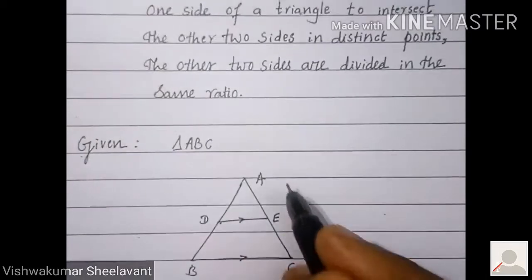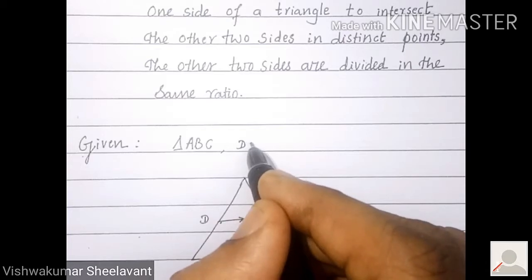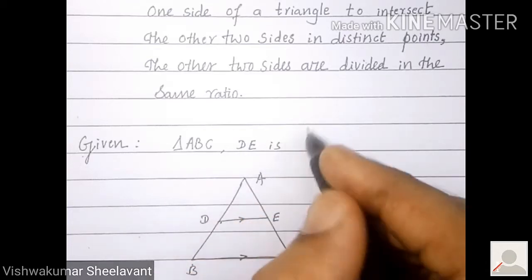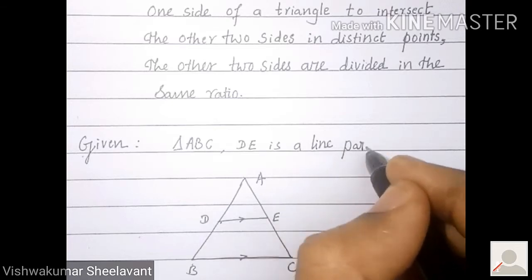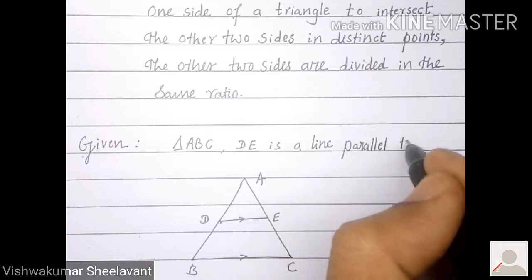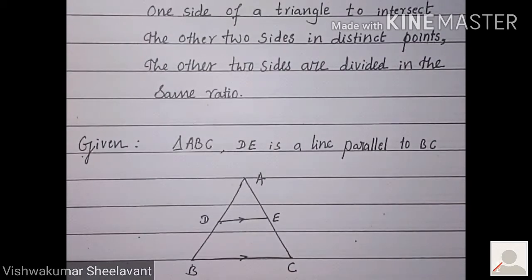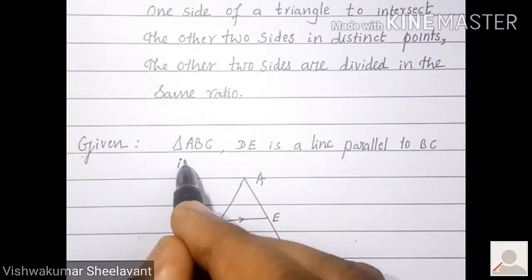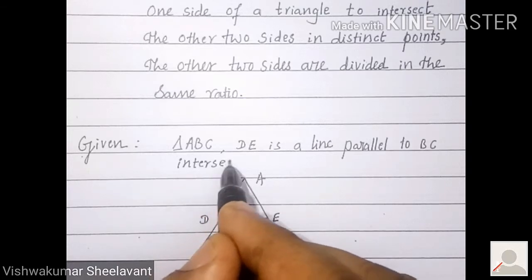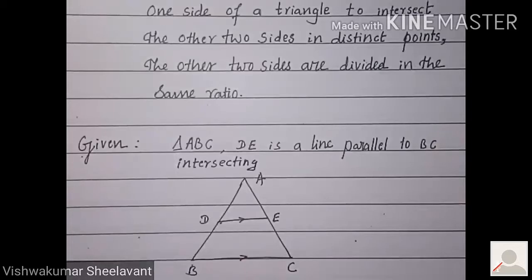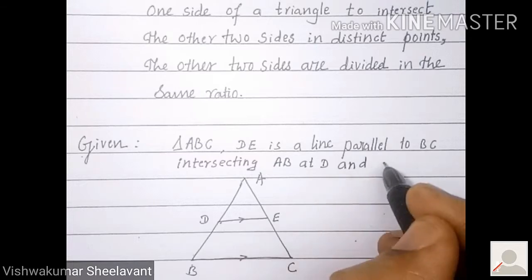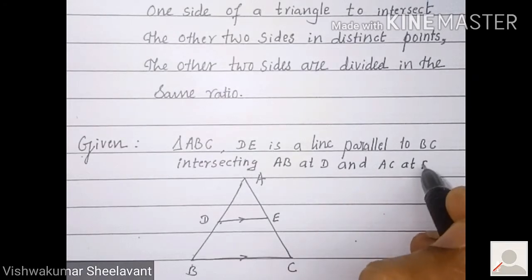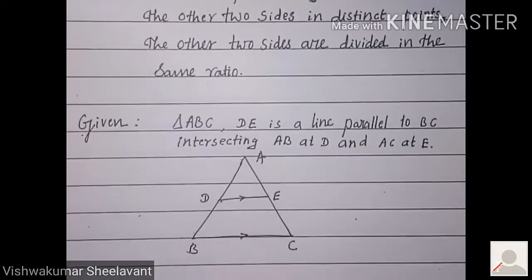Given triangle ABC, DE is a line parallel to BC intersecting AB at D and AC at E. So this is given to us.